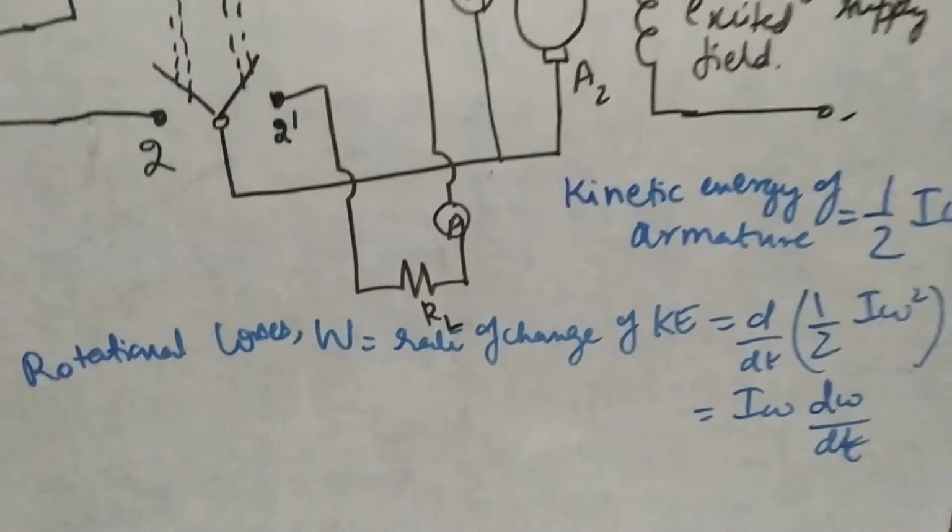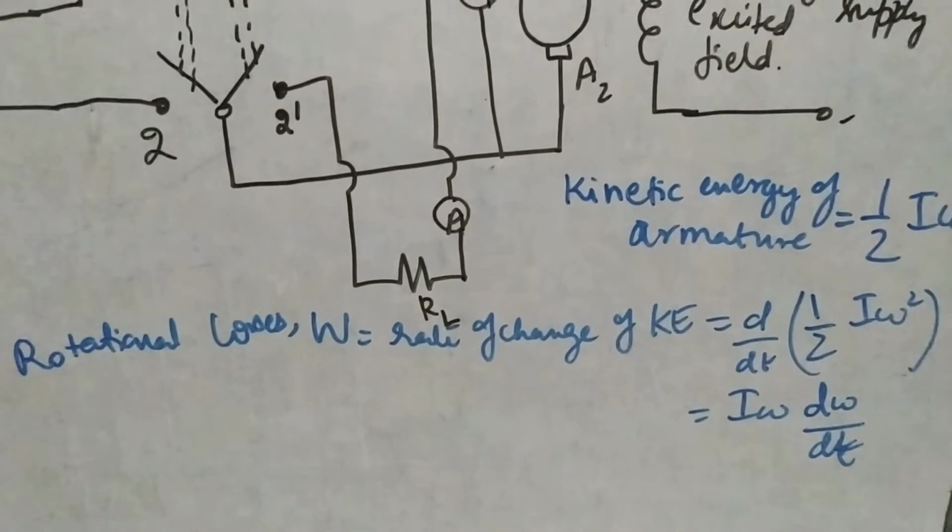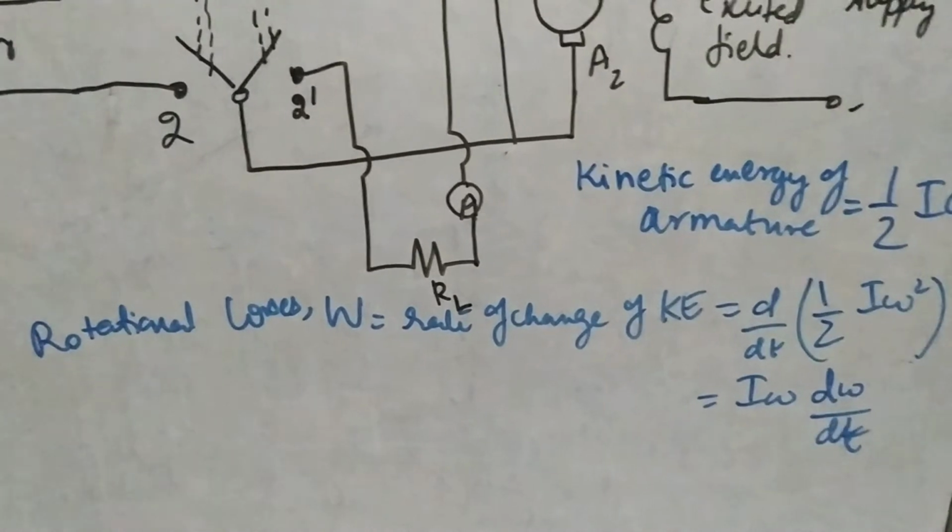As you know, angular velocity omega is 2 pi n divided by 60.